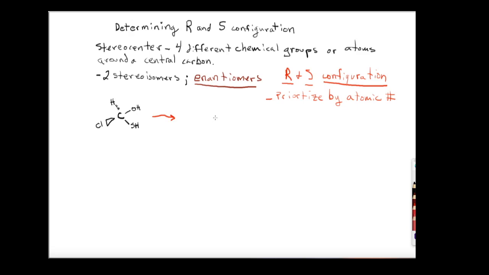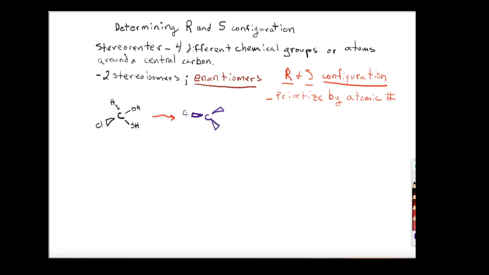Here's my central carbon. We can't see the hydrogen now because we're literally looking down a tangent directly at the carbon. The Cl I'm going to keep out of the plane of the board, so you can visualize which way I rotated this a little bit. The hydroxyl group is going to come out a little bit, and then the sulfhydryl group is going to be here.